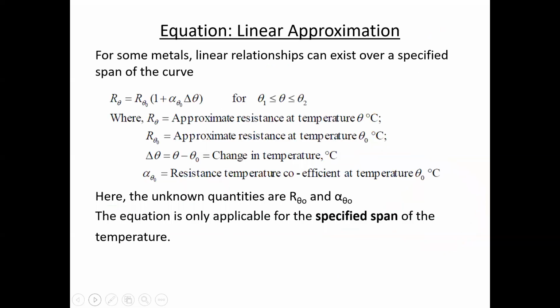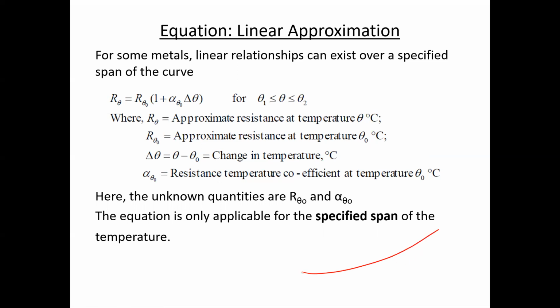Now moving on, as I said, the relationship between temperature and resistance is non-linear, so for doing the calculations easily, a linear approximation is done within a particular temperature range where the relationship can be said to be linear.